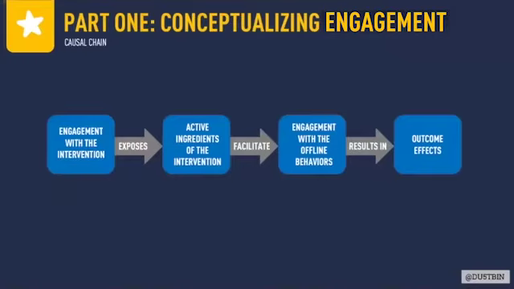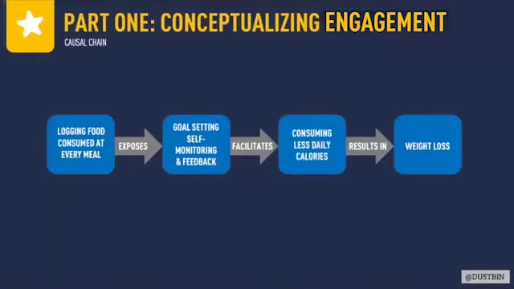All right, so if we think about this causal chain and these category types, we can look at that in a little bit more detail. So for example, if we think about weight loss applications, right, if we've got a goal and our goal is to help people lose weight for whatever reason that might be, we can think about the digital interaction that might be logging food, right? There could be a food logging library where we put in what we eat and count our calories and macronutrients. That exposes people to a few different behavior change techniques, which is how we describe those active ingredients, right?